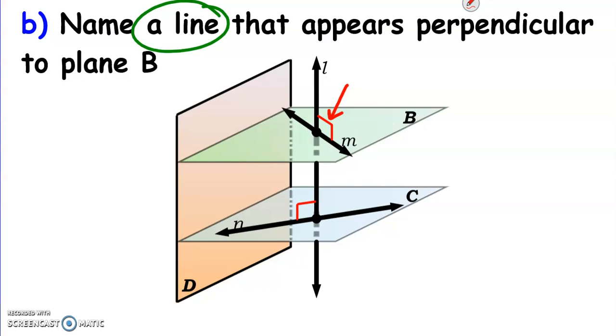And so the line that is perpendicular to plane B is line L, because it's marked with that 90-degree angle. And line L is perpendicular to line M, which is in plane B. So line M is part of plane B, therefore line L is perpendicular to plane B. And that's it.